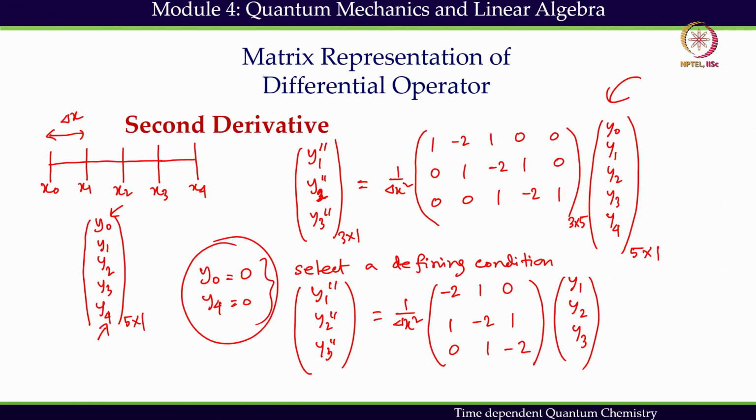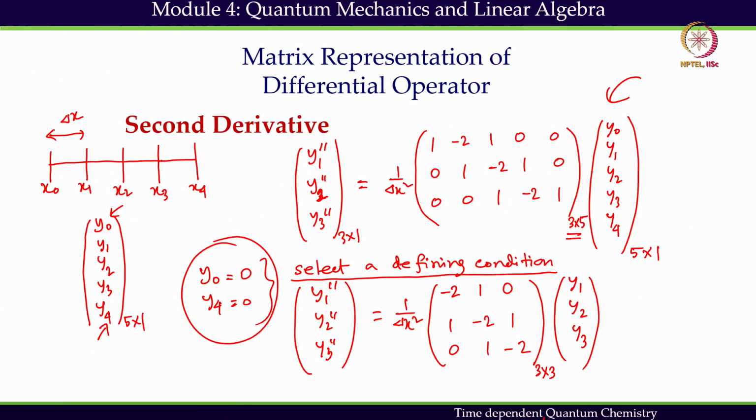If I use this defining condition for the function, where the initial point has to be 0 and the final point has to be 0, which means the boundary, so in the grid points, the boundary values are actually taken to be 0. If we do that, then this matrix, which was previously 3 by 5, is now a 3 by 3 square matrix.